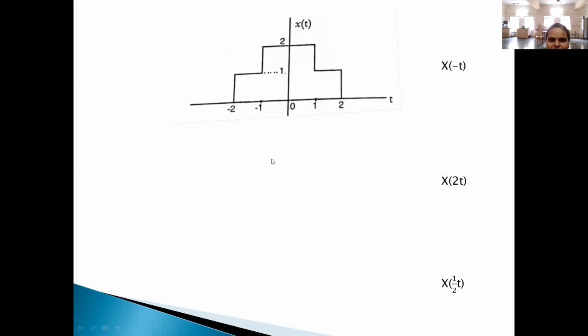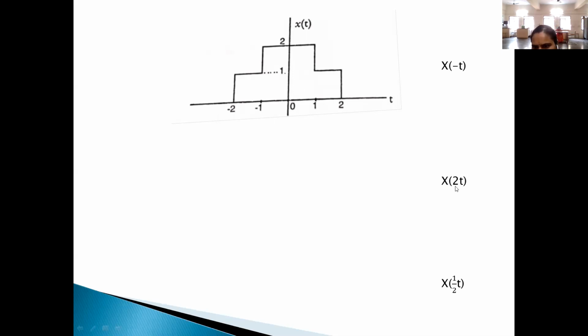Here one small example is taken. A signal is taken in which a step response is changing from -2 to +2. This is the x of t signal. In this case, first if I take x of 2t, a is greater than 1. When a is greater than 1, what do you have to do?